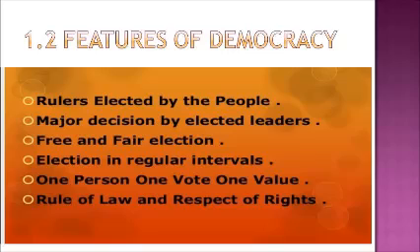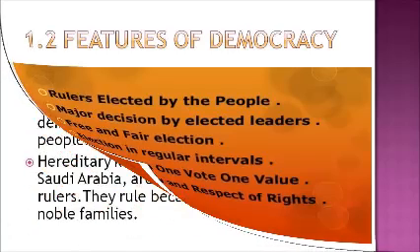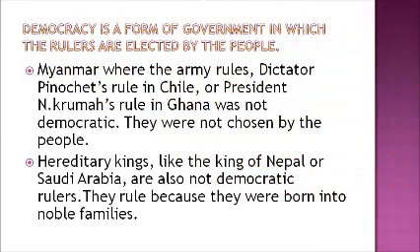Elections at regular intervals. One person, one vote, one value. Rule of law and respect of rights. So, in the next slide, you will come to know about all these features with examples.